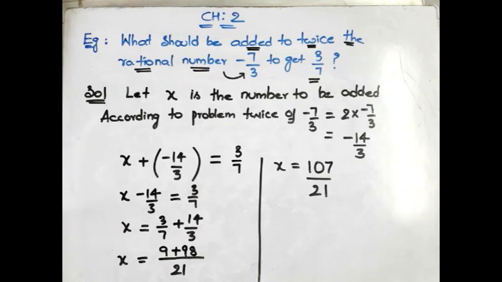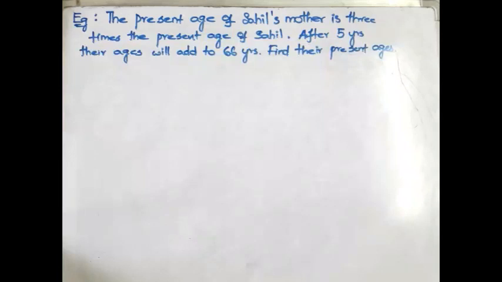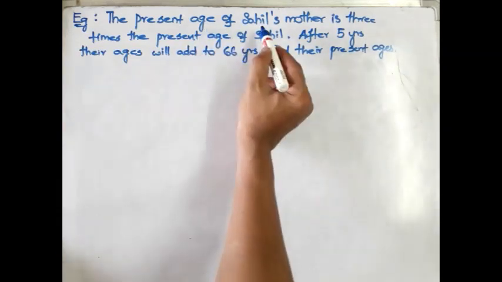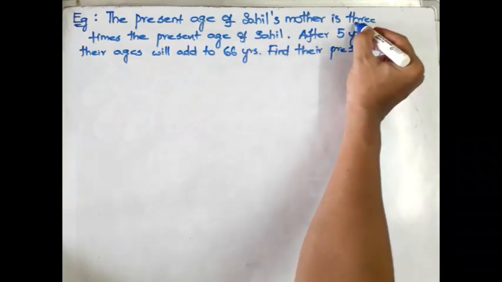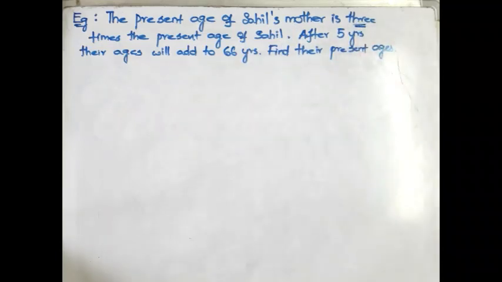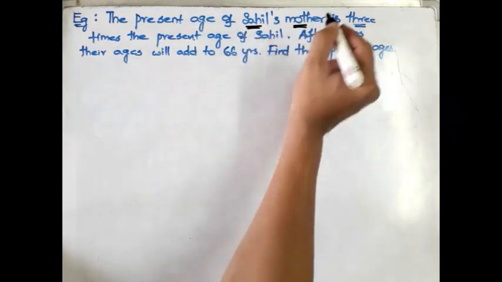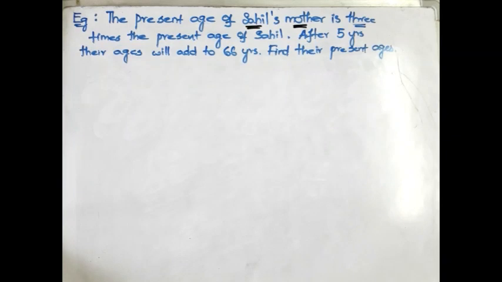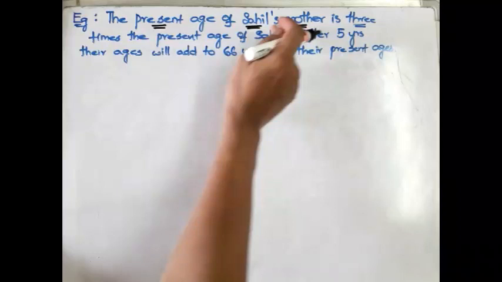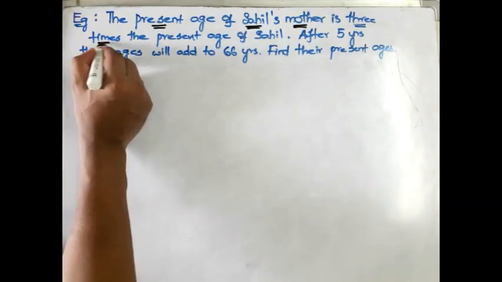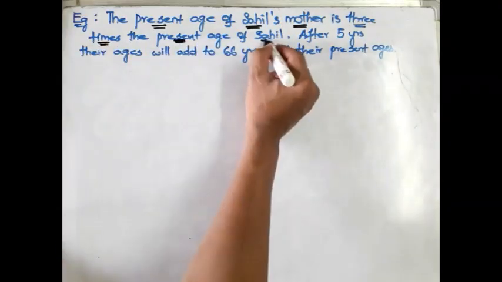Now I want to show you another example, which is an application pointing to linear equations. So please follow carefully. Okay, check the question. The present age of Sahil's mother is, so there are two persons, namely Sahil and Sahil's mother. So the relation is given between the age of Sahil and Sahil's mother. So the present age of Sahil's mother is 3 times the present age of Sahil.